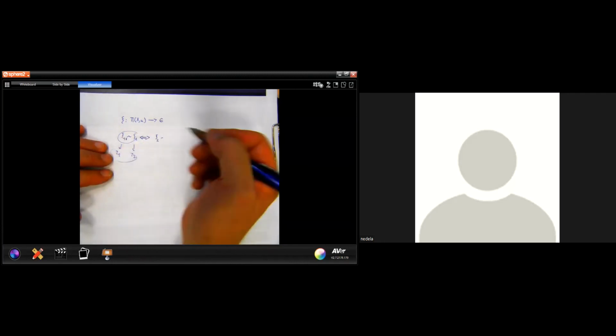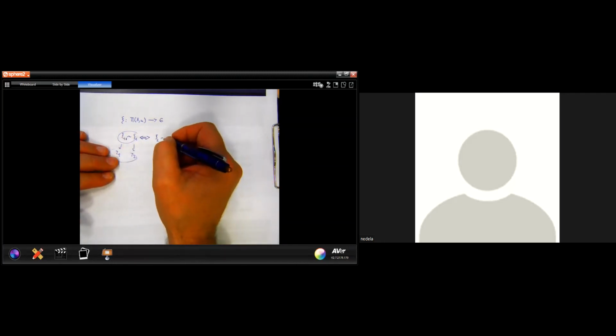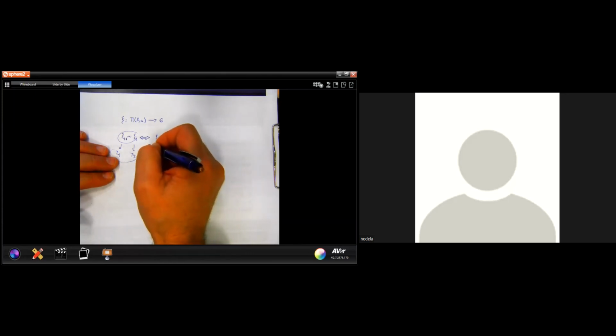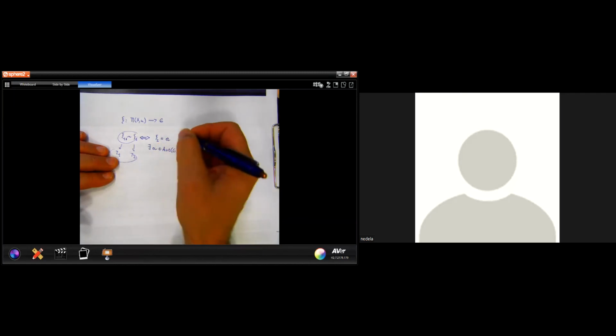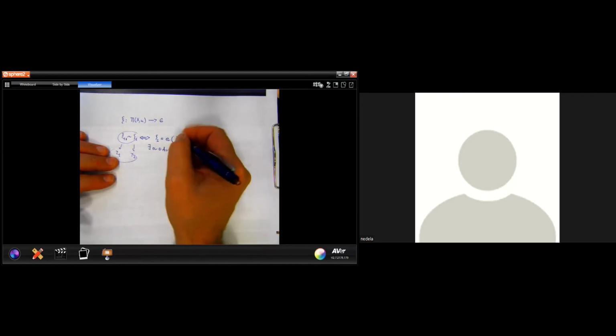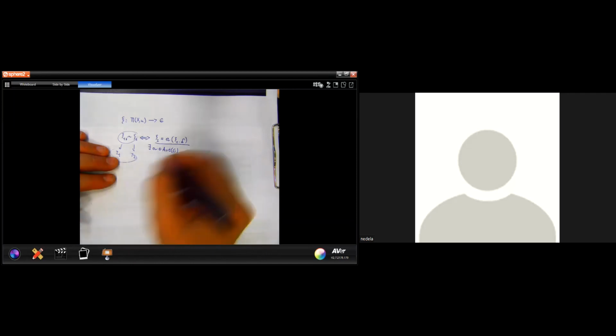The two may not be the same. If there exists, so what does Coviera say? If there exists A belonging to Aut G such that A applied to C1 equals alpha. What is the alpha?